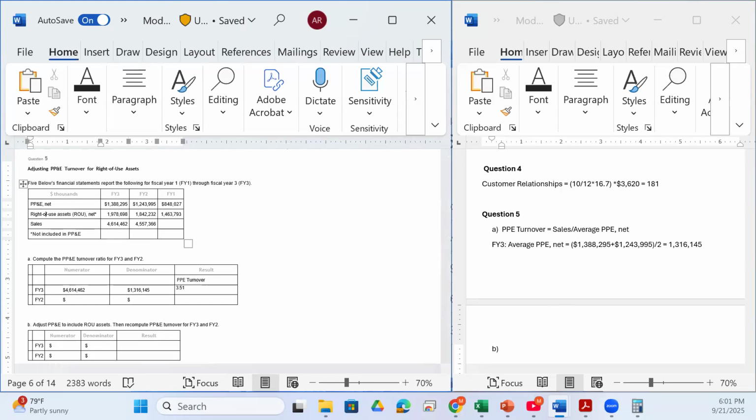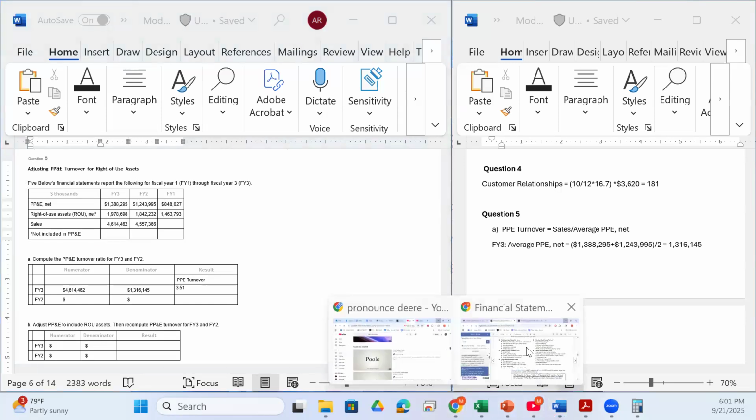There is a nice discussion in the textbook about this.